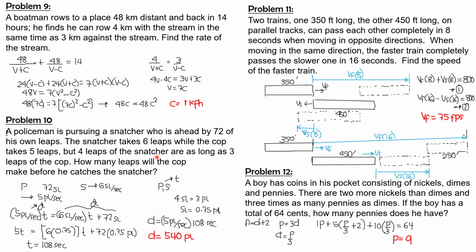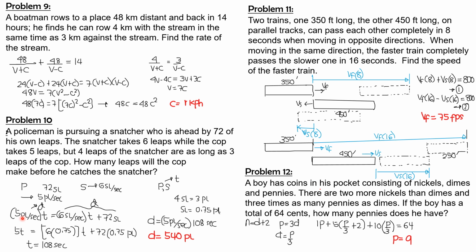So this is the relation stated here: 4 leaps of the snatcher are as long as 3 leaps of the cop. So 4 snatcher leaps equals 3 policeman leaps. That means the snatcher leap is 0.75 of the policeman's leap. So let us express everything in terms of the policeman's leaps.